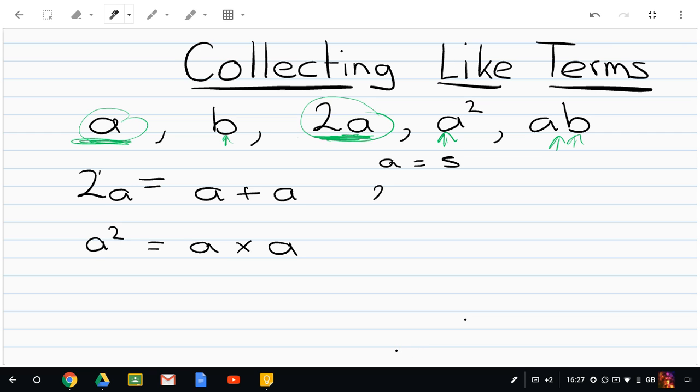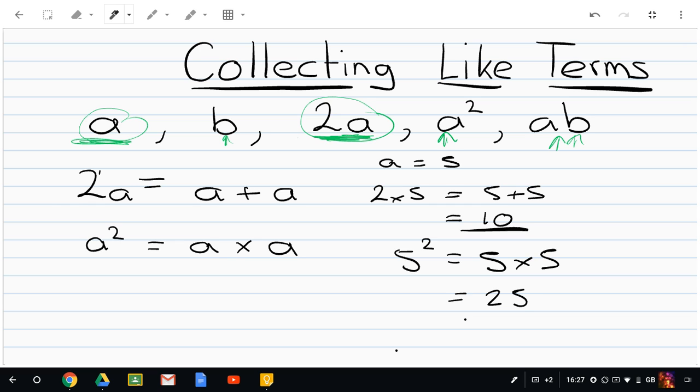So 2A is 2 times 5, or 5 plus 5, which equals 10. Whereas A squared, or in our example, 5 squared, that's the same as 5 times 5, which is equal to 25. So there's a very big difference in our answers between 2A, A plus A, and A squared, which is A times A.